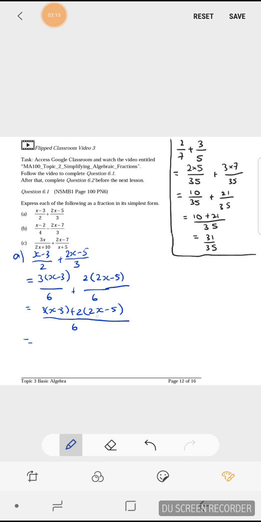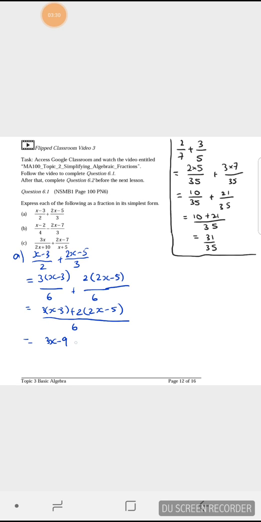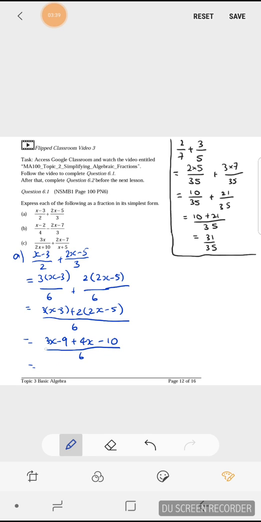Now let's recall what we've learned in the previous topic, rather in the previous part 3 on expansion. So you're going to use this skill to expand: 3x minus 9 plus 4x minus 10 over 6. By grouping the like terms together, 3x plus 4x, you're going to get 7x.